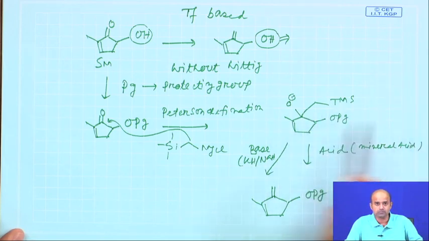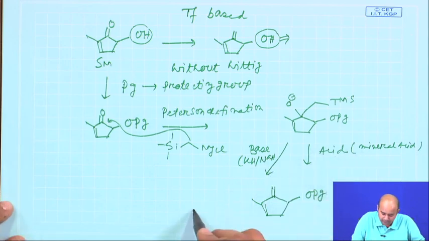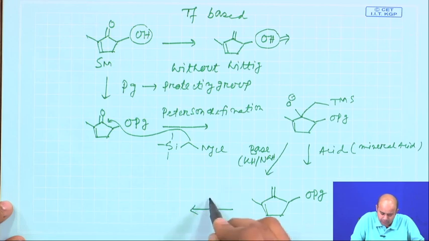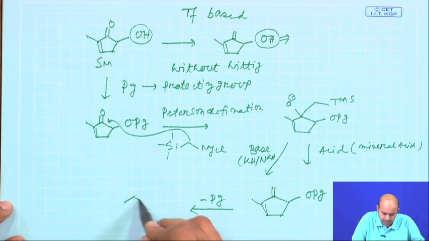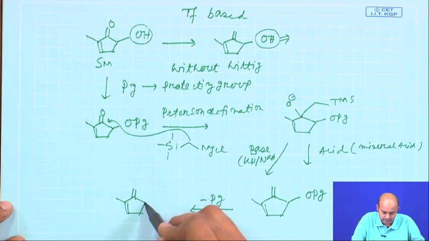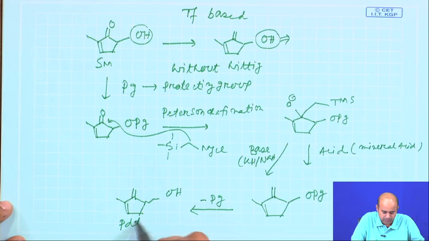Usually it was found that it can undergo an acid mediated reaction as well as a base mediated reaction. Next, you just need to remove this PG. Depending on the protecting group, you can choose the reaction conditions. So, this is now your product molecule.